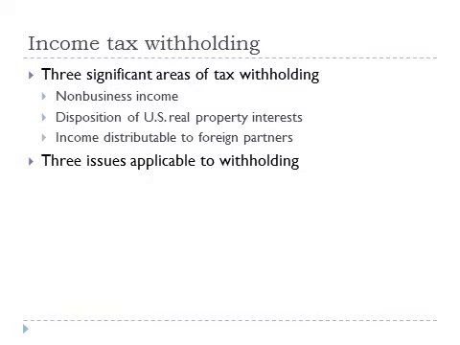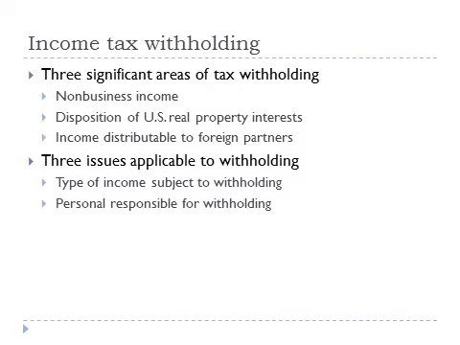There are also three issues that apply to these kinds of withholding, and we will study each in detail. The first is the type of income subject to withholding. The second is determining the person responsible for withholding and remitting the tax.